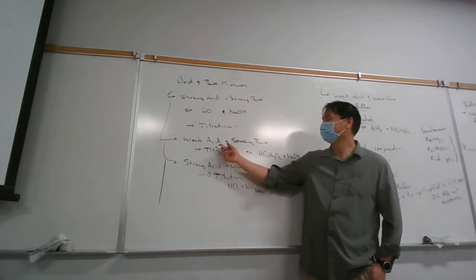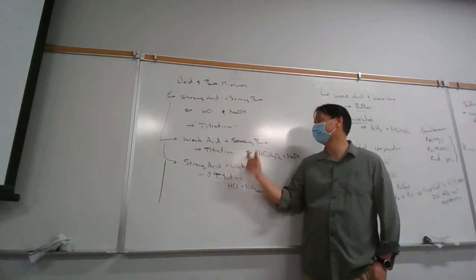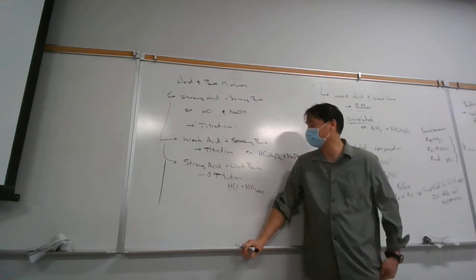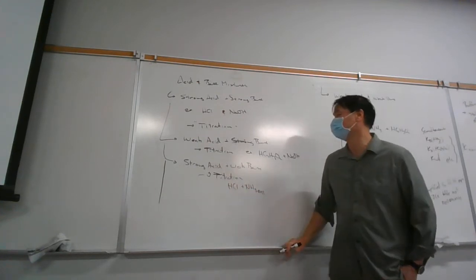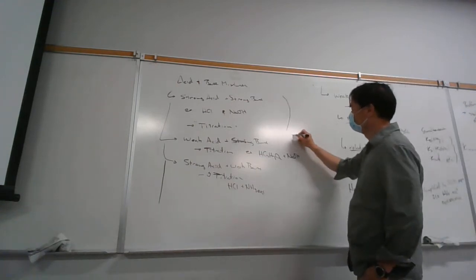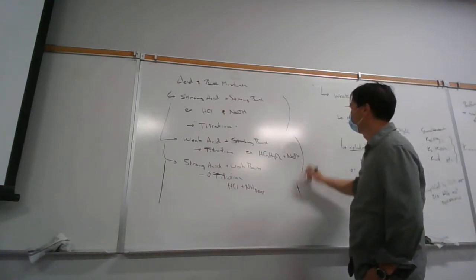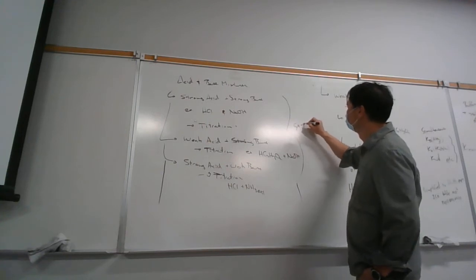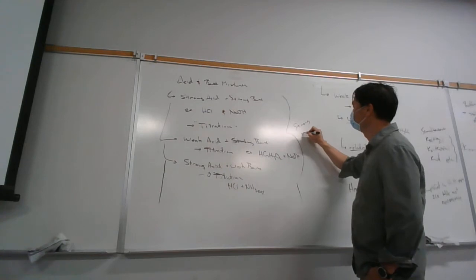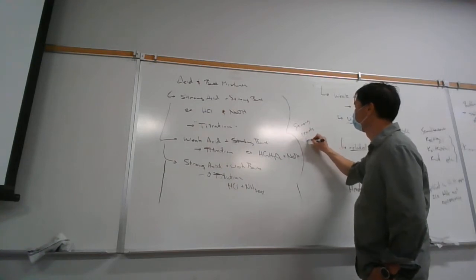The same thing here. If we have a weak acid and a strong base, they're going to react with one another. In other words, with strong acids and bases, we'll just say it reacts to completion.